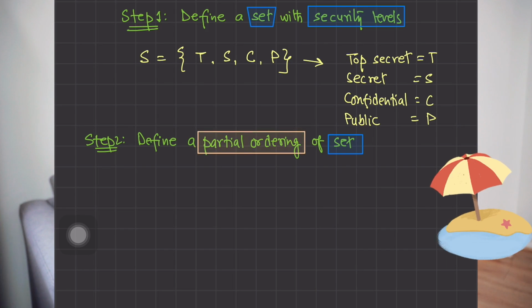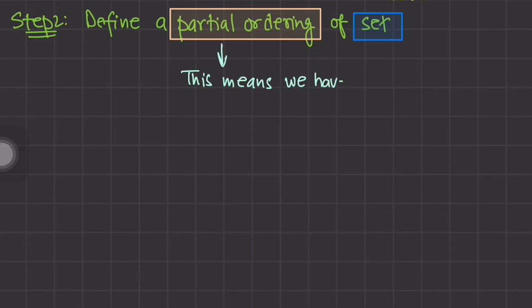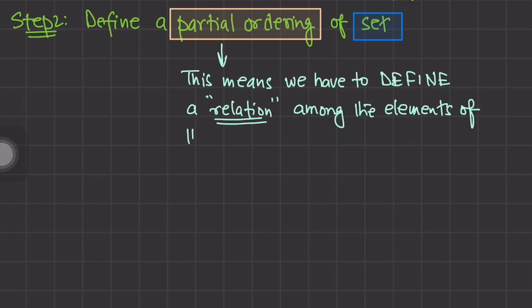As I said, in a partially ordered set, you have elements, and some elements are related, some elements are not related. So the relationship you have to establish between elements. If none of the elements are related, it means the set is not partially ordered. But you can imagine, if you have a set with top secret, secret, confidential, private, for office use only, and public, you know that there is a default relationship which exists, like top secret is more secret than secret, right?